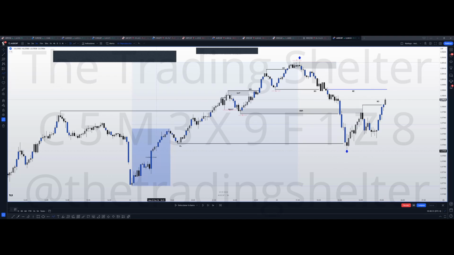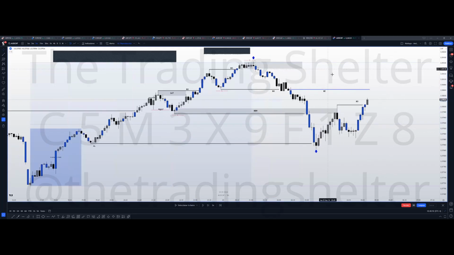And on the other side, we were having this leg, and this was a clear BOS. So we are going to expect potential sells from here.